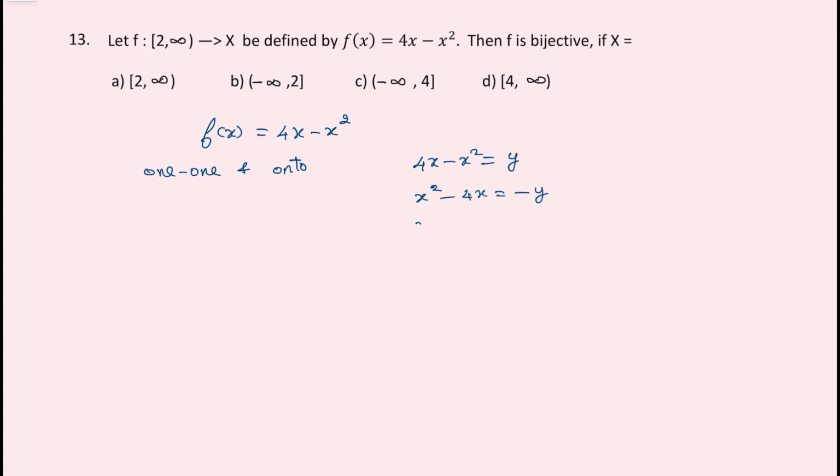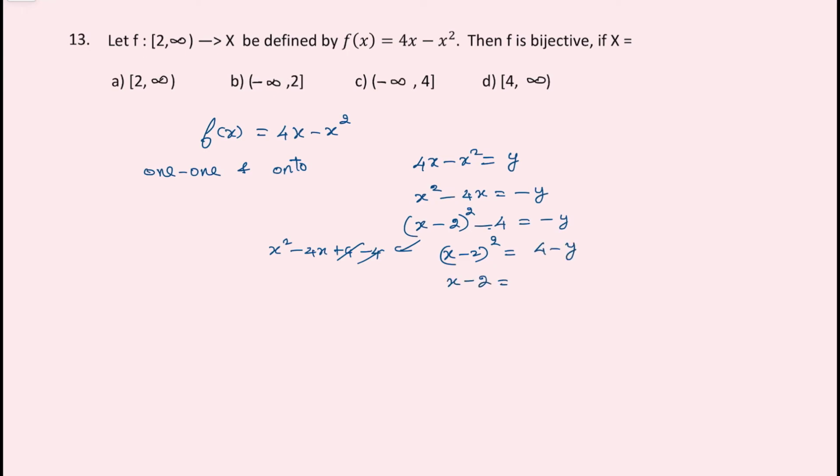I'm changing the sign throughout. Minus y it becomes. Let us complete the squares. X minus 2 the whole square minus 4 is minus y. Because this expansion gives x square minus 4x plus 4. So to cancel this plus 4, I have written minus 4. So that we get back the original expression x square minus 4x. X minus 2 the whole square is 4 minus y.